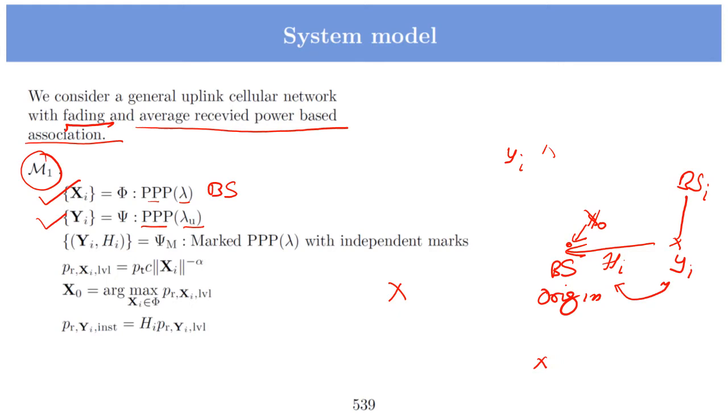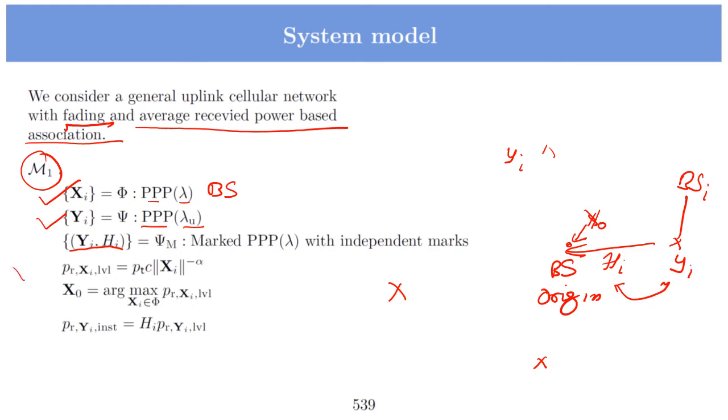In that case, we will create a marked point process which will have Yi and Hi. We denote this by psi-m. It's a marked Poisson point process where Hi is an independent mark which denotes the fading, and which will be exponentially distributed because we are assuming Rayleigh fading.